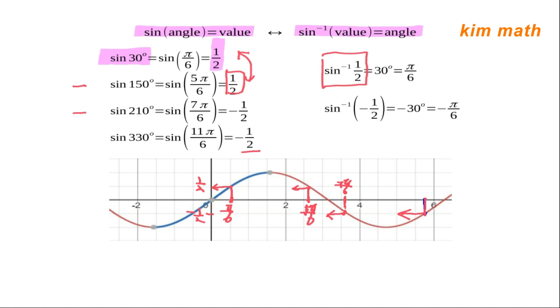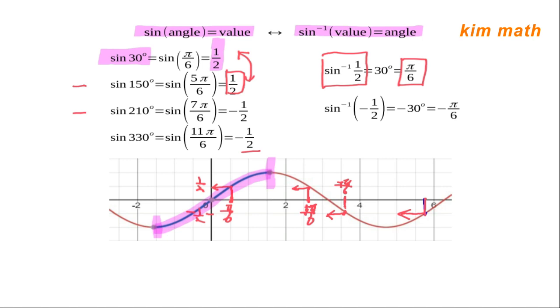But we will use only pi over 6, not 5 pi over 6. Why? Because we defined our inverse function only in this highlighted interval, although I sketched the sine, not arcsine.